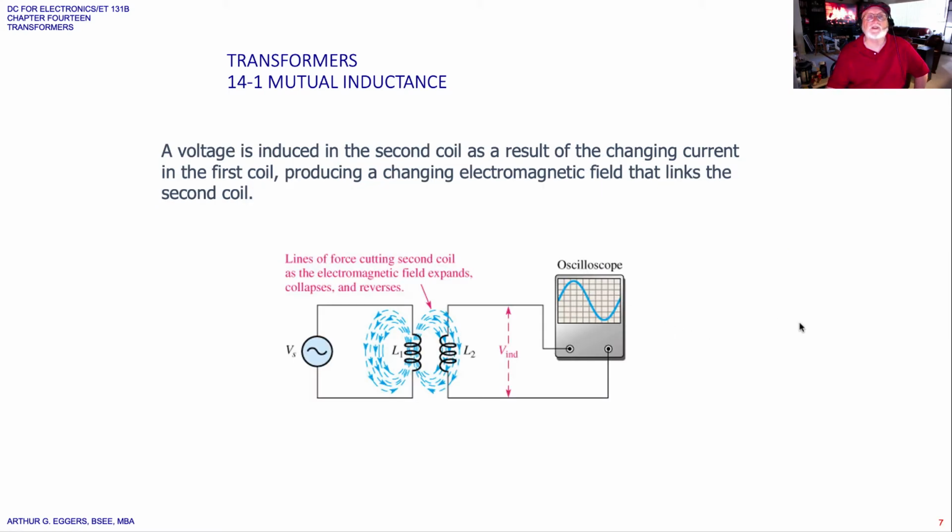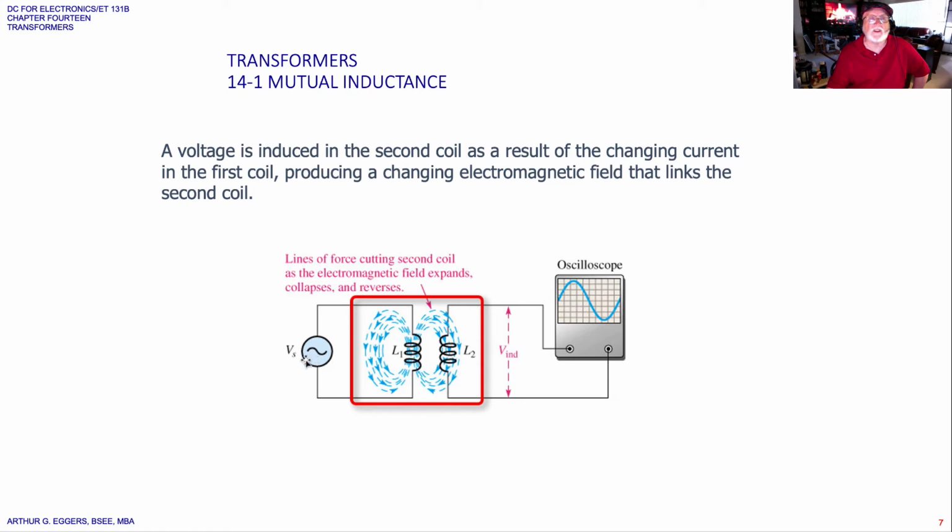A voltage is induced then in the second coil as a result of the changing current in the first coil, producing a changing electromagnetic field that links to the second coil. So we can see we have our lines of force or flux that are created in the first by the applied source, that cut through the coil of the second, and that cutting of the second then produces a voltage.